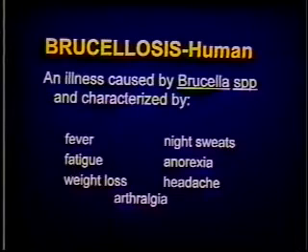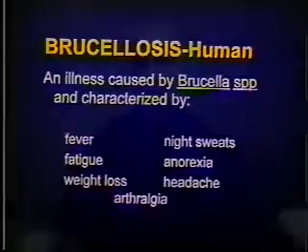In humans, while abortions can occur in affected women, it primarily is a disease of fever, of joint pains, of fatigue, and historically has been known as undulant fever, and as that suggests, the fever undulates, usually peaking during the nights and accompanied by night sweating, and then less fever during the day.